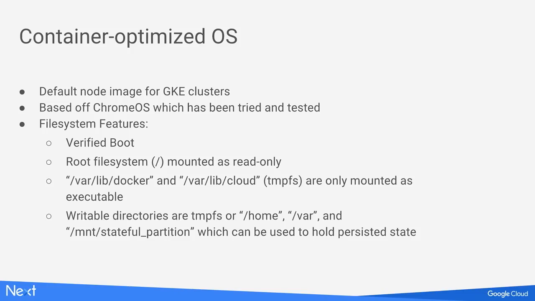The entire file system is mounted as read-only, and then certain file mounts are remounted again, like var lib docker needs to be executable and writable, and your home and var and a stateful partition mount can hold persisted state over time, but that's literally it. So super great that GKE could possibly never have this happen.